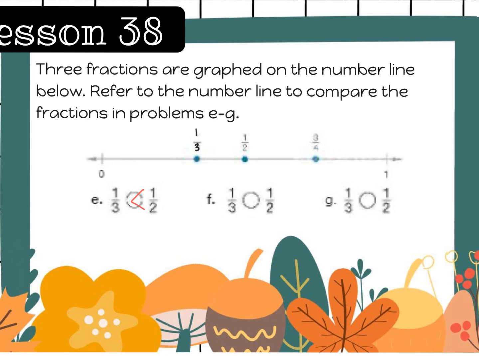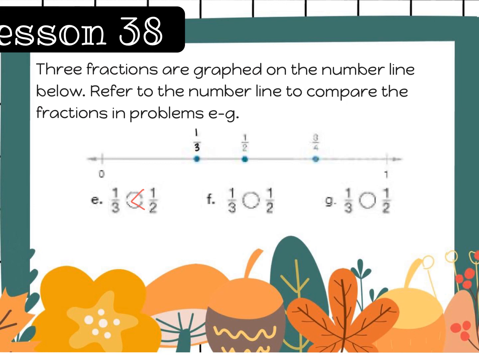Letter F, 1/3 is, oh, these are all the same thing. Let's change it. Let's do 1/2 and 3/4. Oh, what do they say in there? They say 1/3, 3/4, and 3/4 and 1/2.